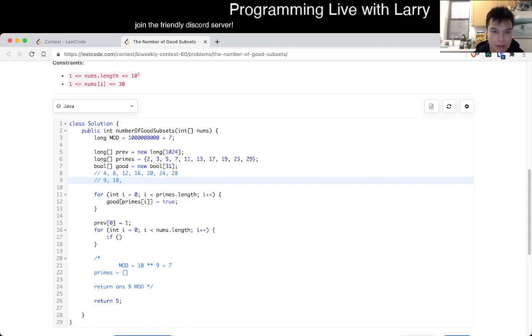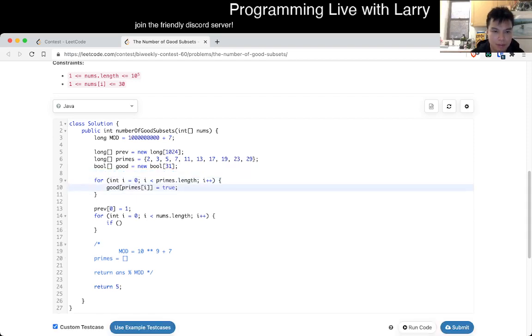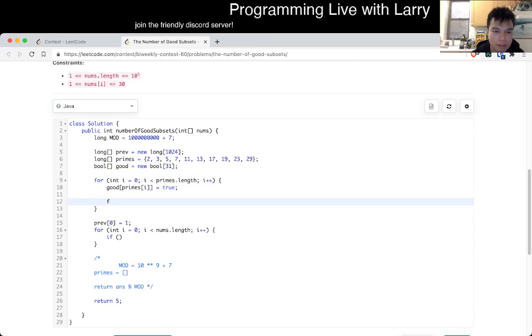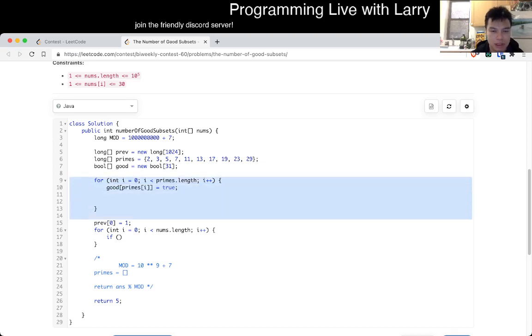But yeah, maybe I'm doing this in a weird way. Maybe I don't do it. I don't want to do that for every number though. I should pre-process this.